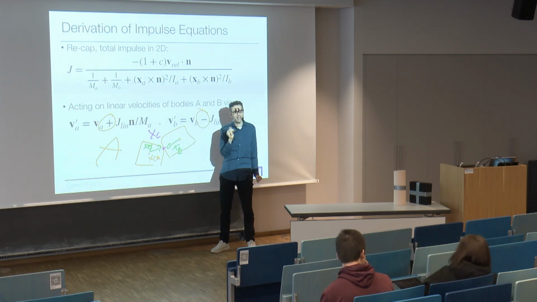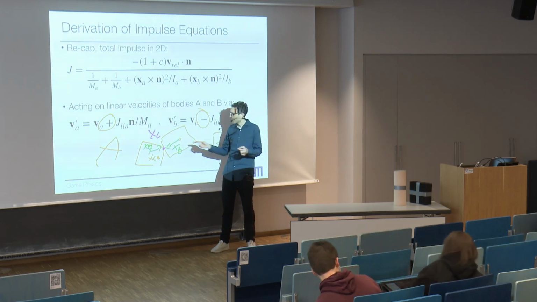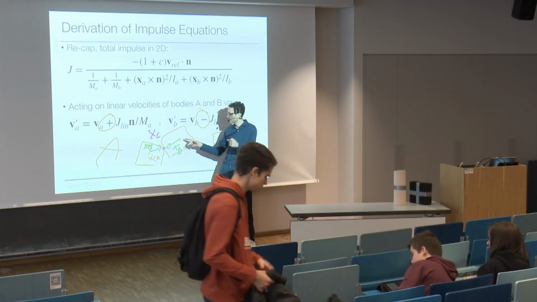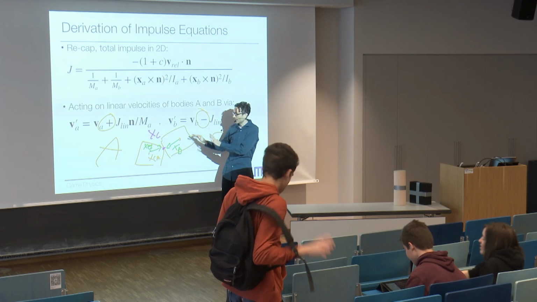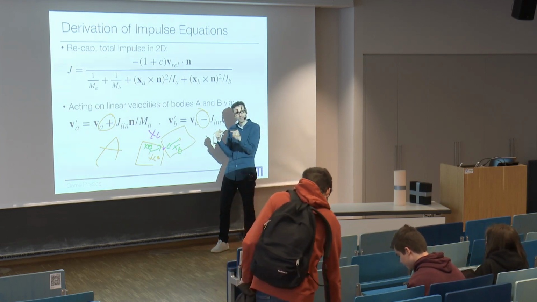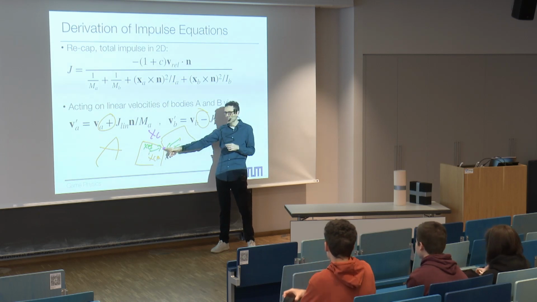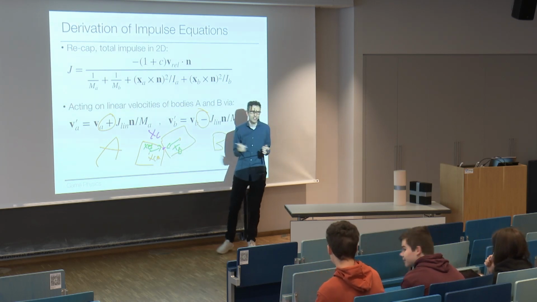It actually can happen due to some rotation that it would look like the bodies are colliding in terms of their center of mass. I have not drawn any velocities here, but it could happen that the bodies are spinning so quickly that at some point outside they're actually going apart.